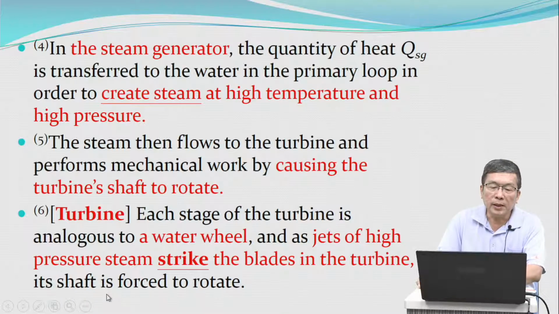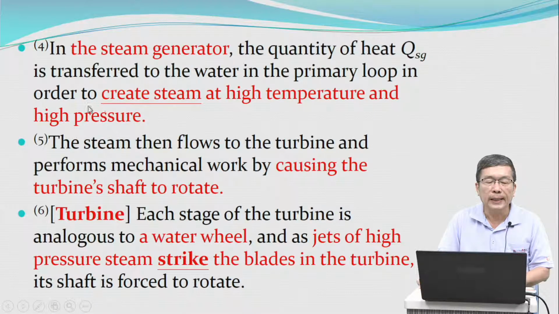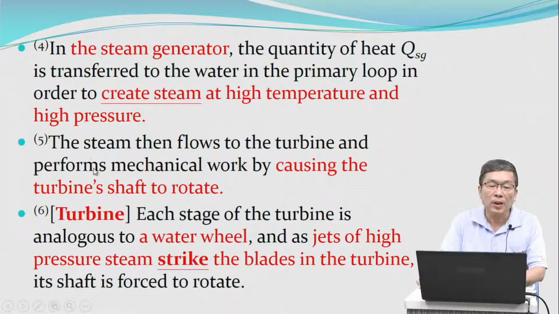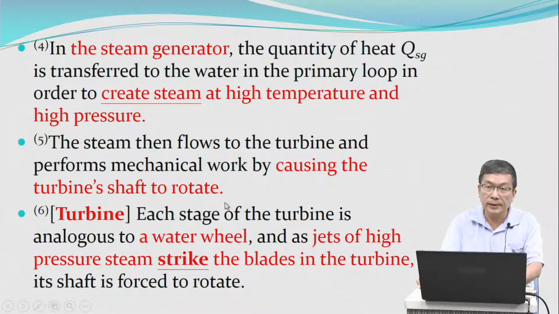In a steam generator, the quantity of heat Q sub SG is transferred to the water in the primary loop in order to create steam at high temperature and high pressure. The steam then flows to the turbine and performs mechanical work by causing the turbine's shaft to rotate.